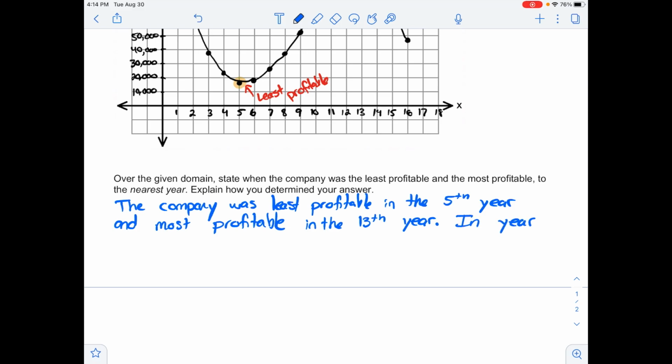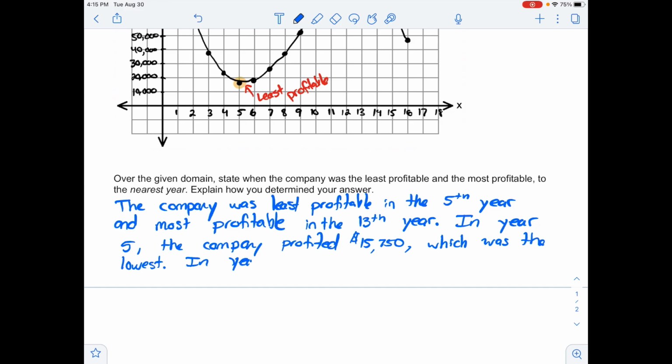In year 5, the company profited 15,750, which was the lowest.